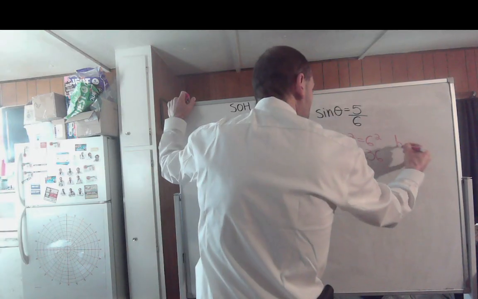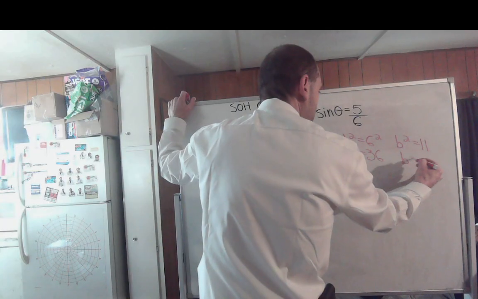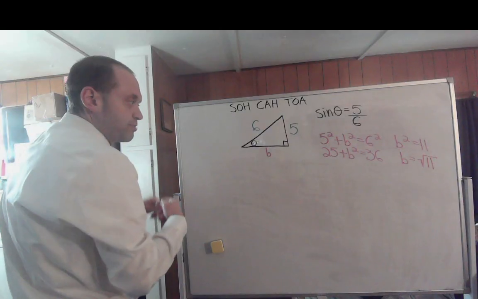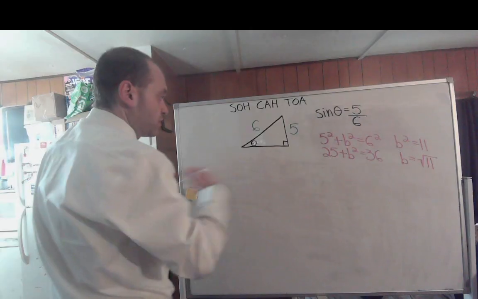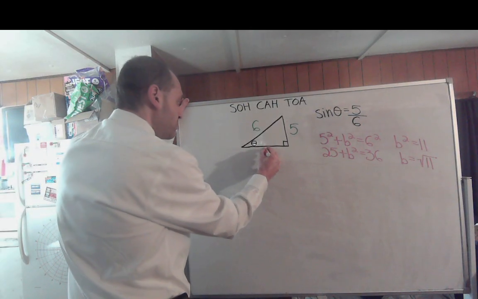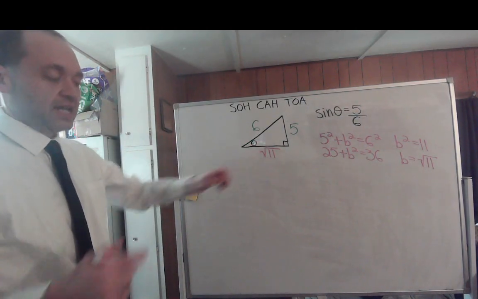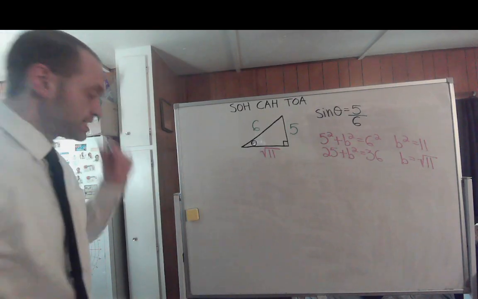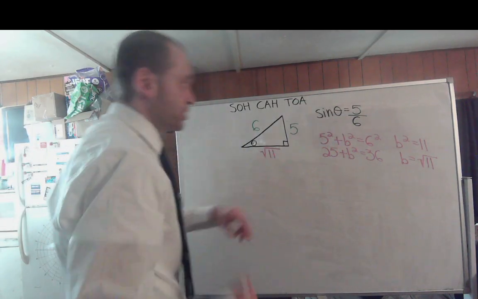Well, B squared equals 11, which means that B would have to equal the square root of 11. So that's not exactly pretty to work with, but we at least know the length now. So this adjacent leg to the angle has a length of the square root of 11. Alright, from here we can now find the other 5 trig function values.